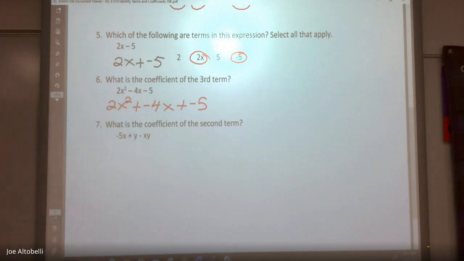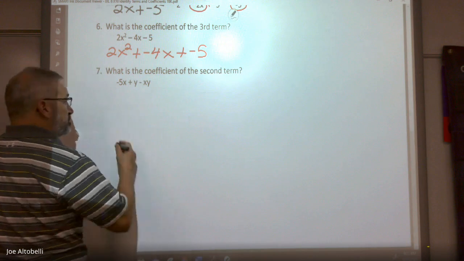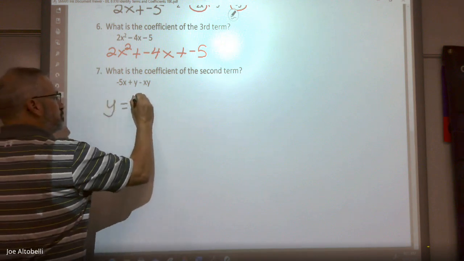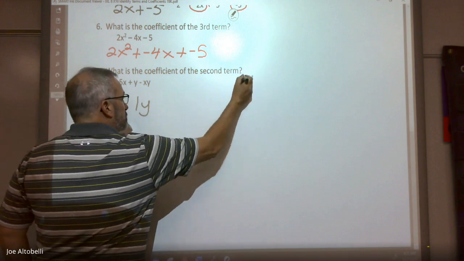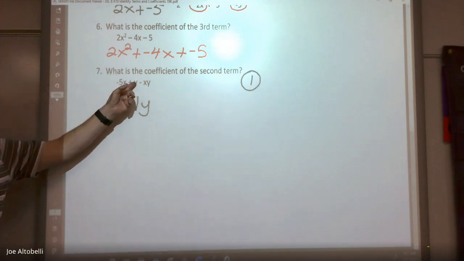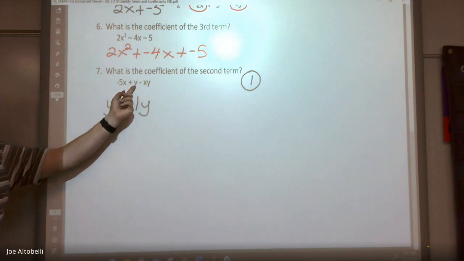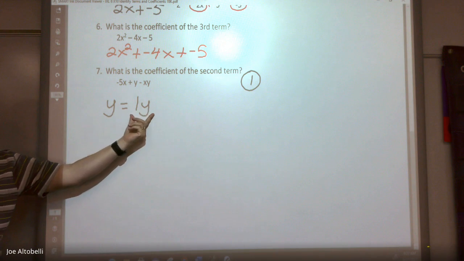Number 7. All right, so even though there isn't a number written in front, you need to understand that y is the same as 1y.